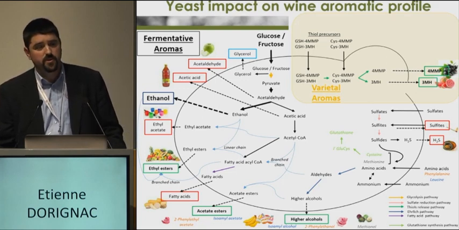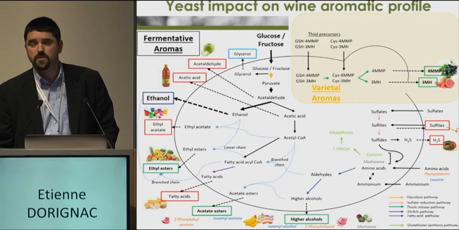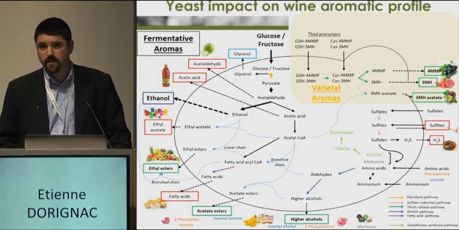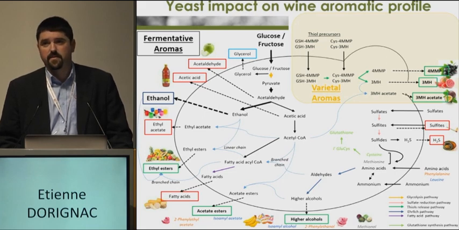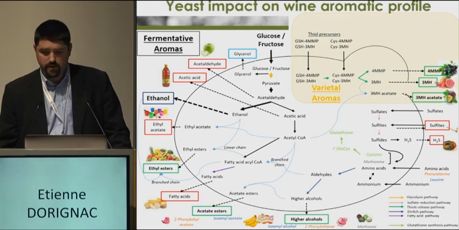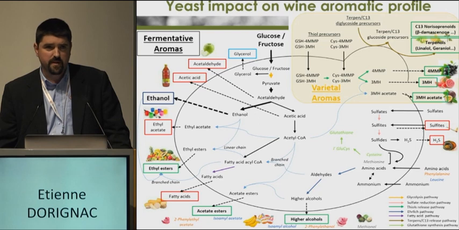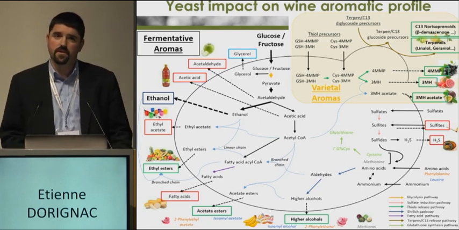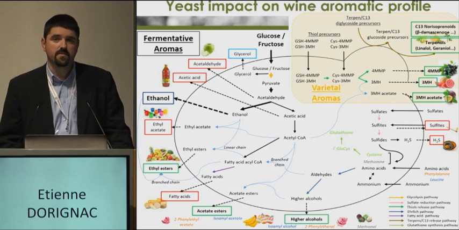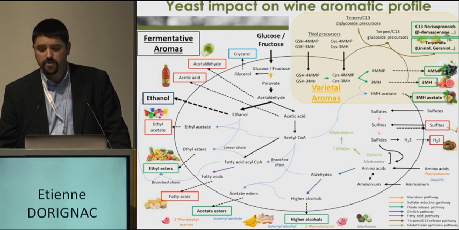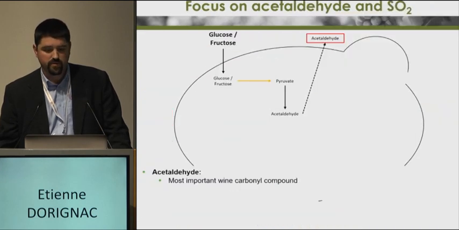There is also a conversion: 3-MH is 3-mercaptohexanol, a higher alcohol that can combine with the acetyl-CoA to produce 3-MH acetate. As we saw this morning and yesterday, this 3-MH acetate is responsible for the passion fruit aromas. It is about the same for the terpenes or the C13 isoprenoids. The only difference is that the enzymes are mostly outside the cell, not inside. So the yeast has a very strong impact on the aromatic profile.